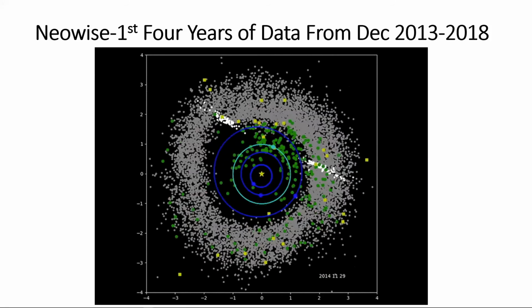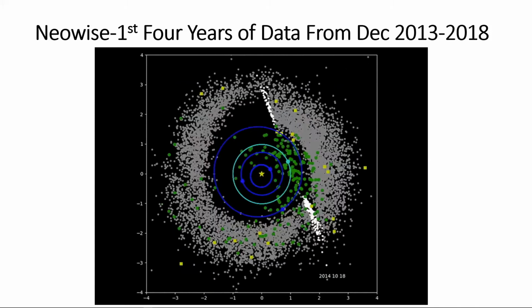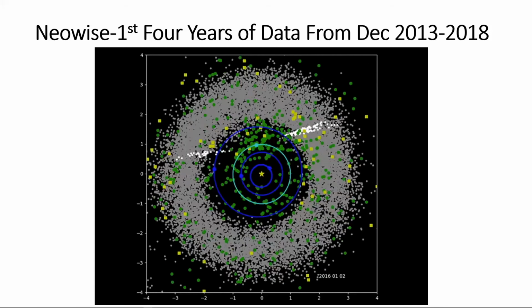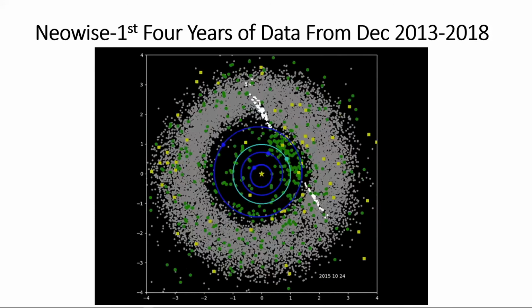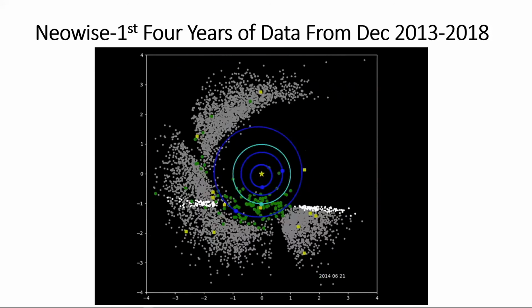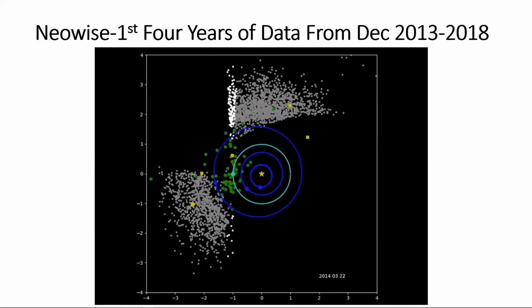And included in these green dots are 1,100 asteroids that are a kilometer in size. Okay. Now, a kilometer size asteroid is an LE asteroid. That means if it hits the Earth, it will end all life on the surface of the planet.